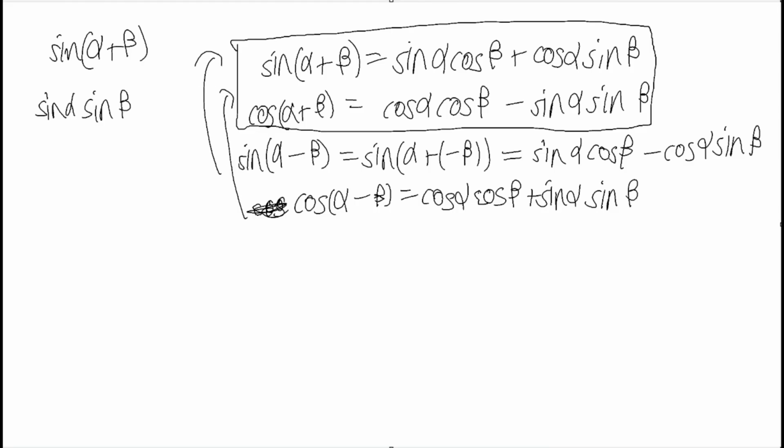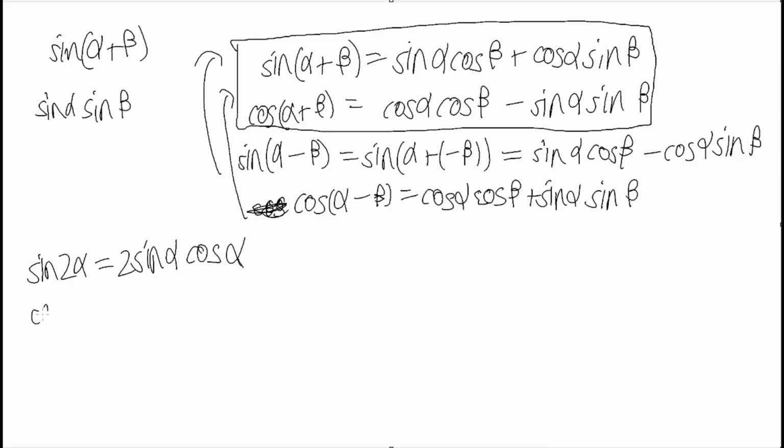Now, from these addition formulas, we can end up getting some very useful corollaries. For example, if you take alpha equals beta in this formula here, then we get sine of 2 alpha equals 2 sine alpha cosine alpha. This one is very, very useful in reductions when we have twice an angle.